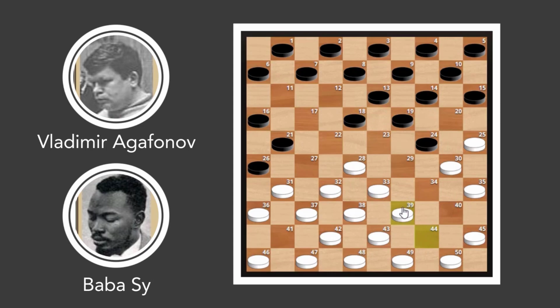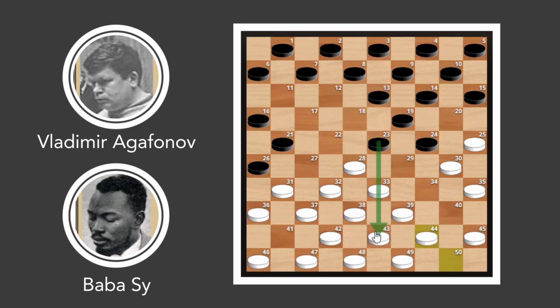Once I move to 39, this move was answered by playing 18-23. So Vladimir took the center and moved to square 23. And this move was responded to by Babasai by playing 50-44.